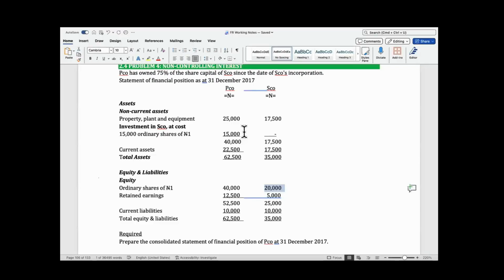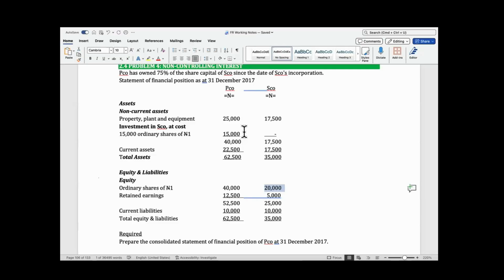However, the parent can decide to measure this NCI at fair value. IFRS 10 allows it, that you can fair value the share capital in the subsidiary that is owned by outsiders, which we call non-controlling interest.